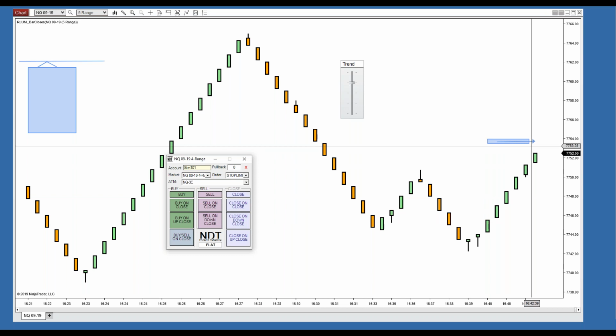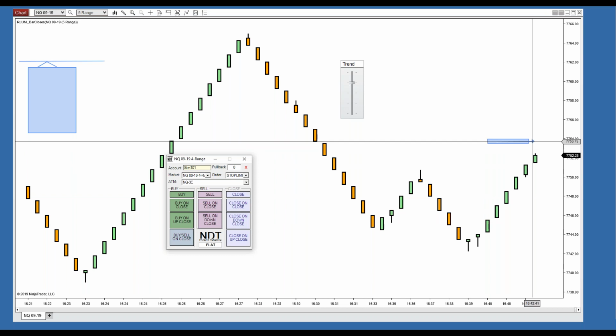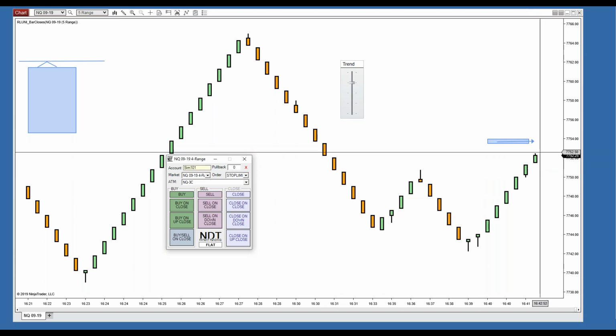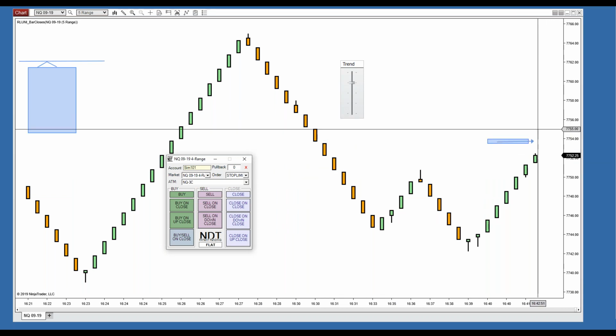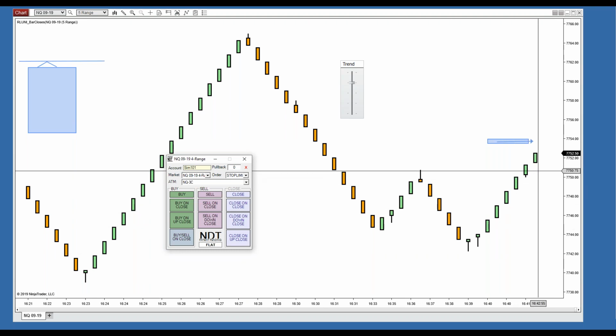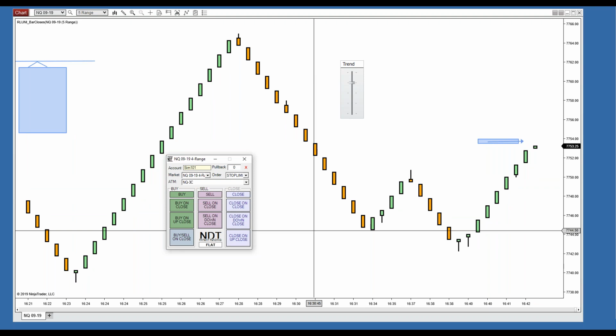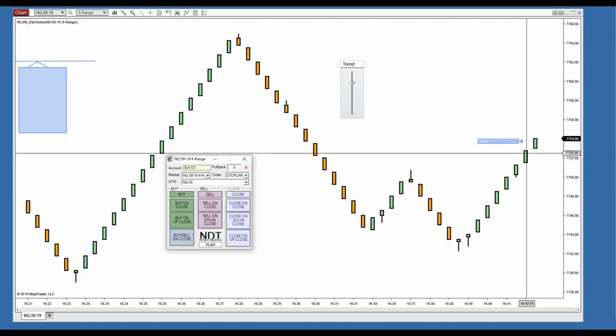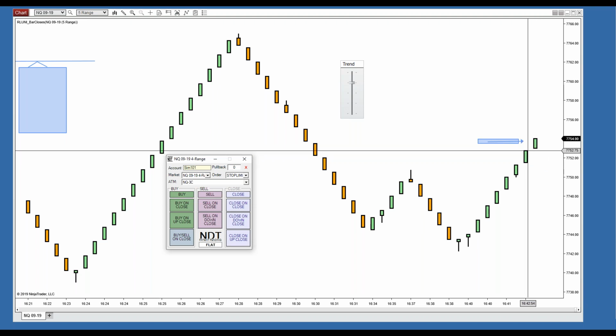If it hits the pivot and doesn't move through, bounces to the downside, you're out of the trade. If it doesn't break through, I'm going to close. In other words, this is the case where you want to close under any circumstances, no matter what the candle does.